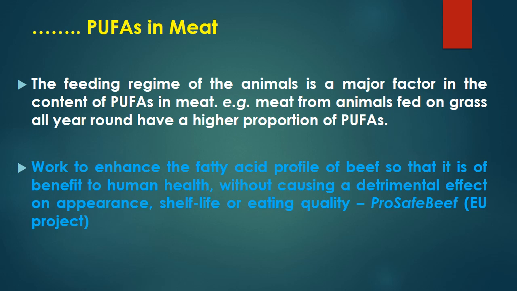Similarly, in Europe, they have taken up a special project called ProF Beef to increase the essential fatty acids or long chain unsaturated fatty acids. Here they have tried with research to improve the content of this PUFA for better human health without compromising the appearance, shelf life, and eating quality.